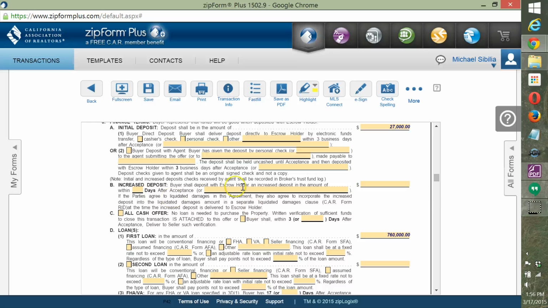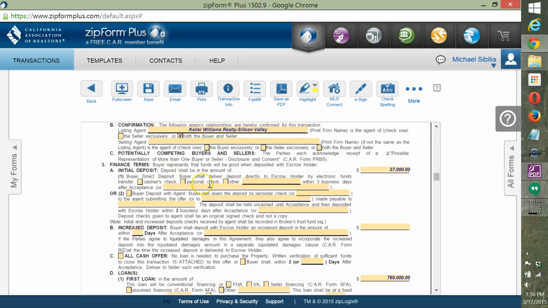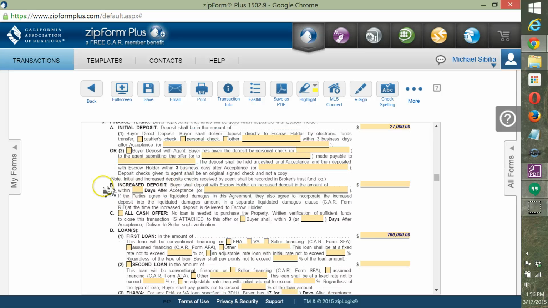We're not doing an increased deposit, so it didn't fill any of this in. But for an increased deposit, you could just read this, it's basically self-explanatory. If there's an increased deposit, generally what that would mean is that we're doing less than 3%, and we're moving it to 3% when we remove contingencies. So if the contingency removal period was 21 days, 17 days, 10 days, whatever you wrote in later for contingency removal, you would put in that number of days.